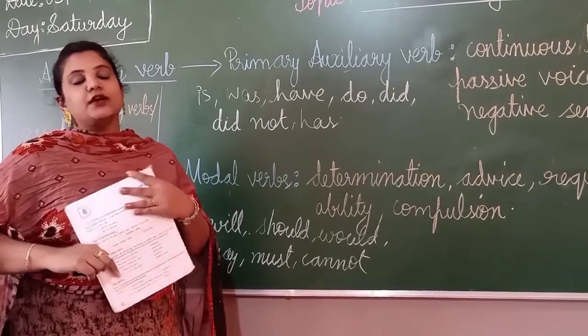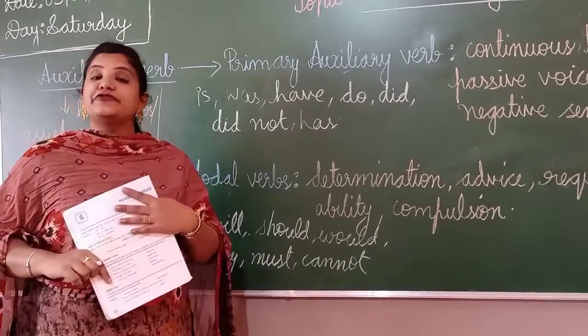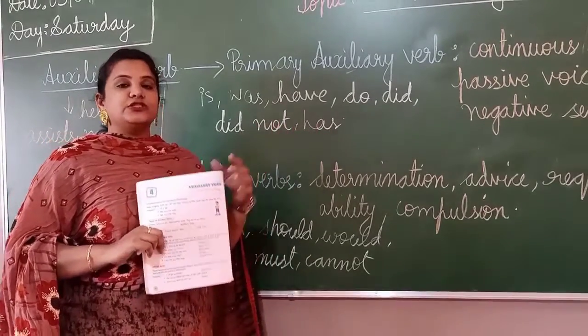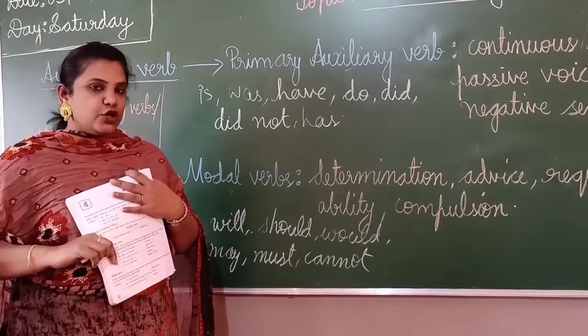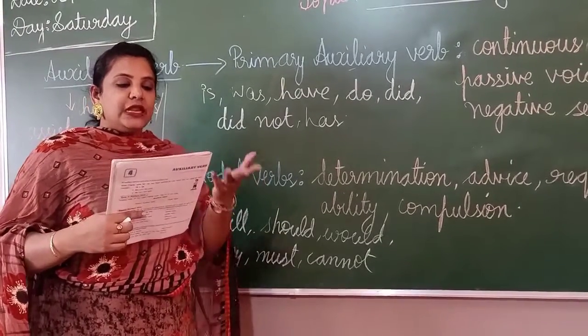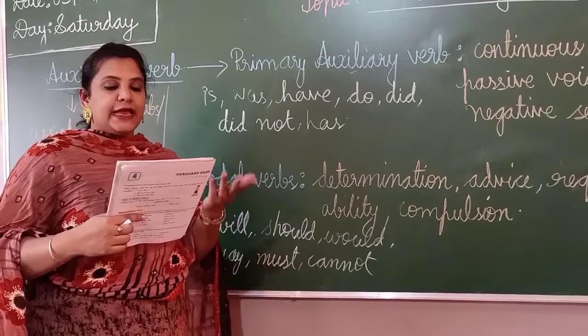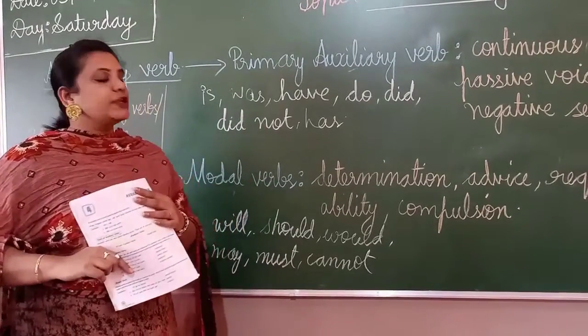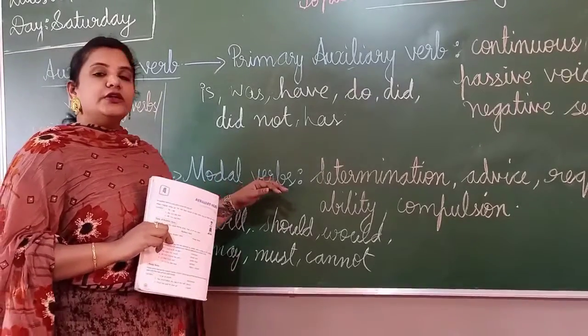That is the compulsion. When you are pressurizing, you have to do this. You have to do your homework. You must read your chapters. When I am saying all these things, those are your modal verbs. Some words are will, would, shall, should, can, could, may, might, ought, need. These are your examples of modal verbs.